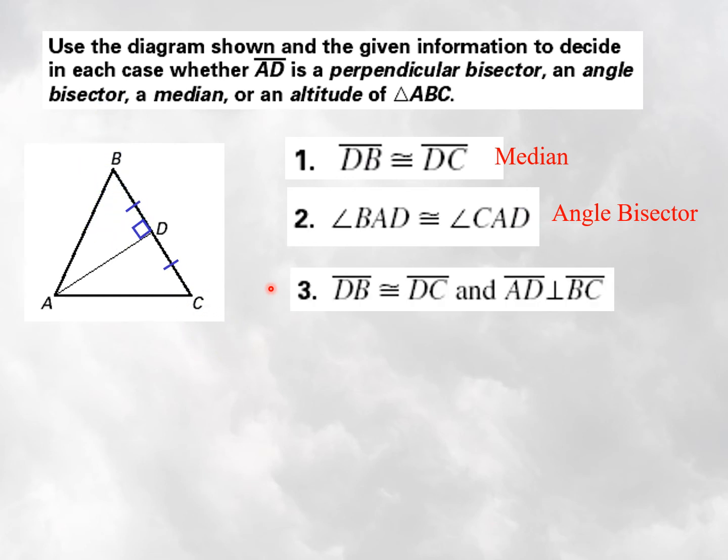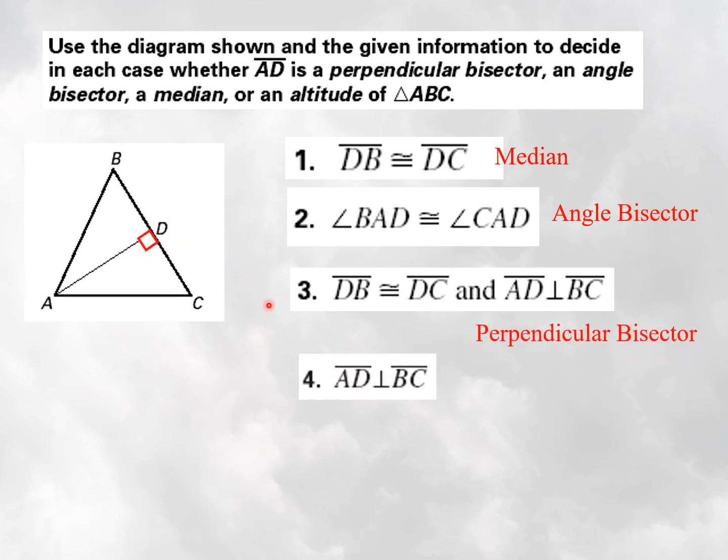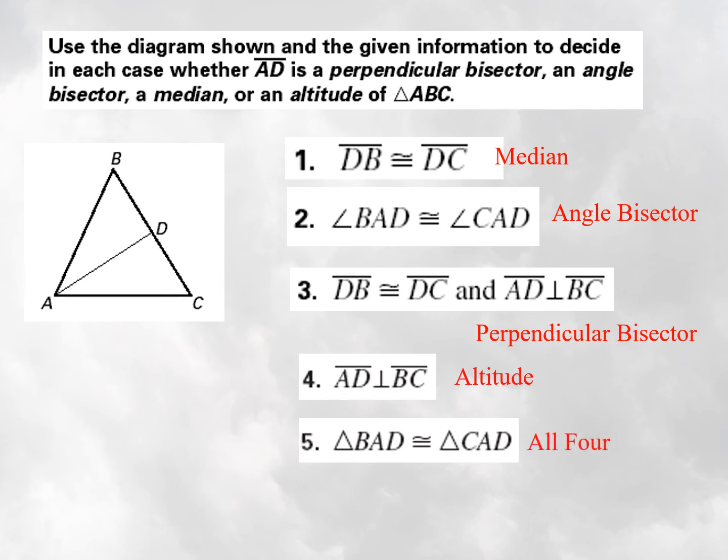If DB is congruent to DC and AD is perpendicular to BC, it's a perpendicular bisector. If AD is perpendicular to BC, it is an altitude. If triangle BAD is congruent to triangle CAD, all of these will be satisfied.